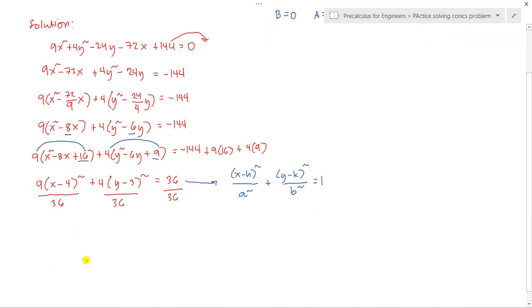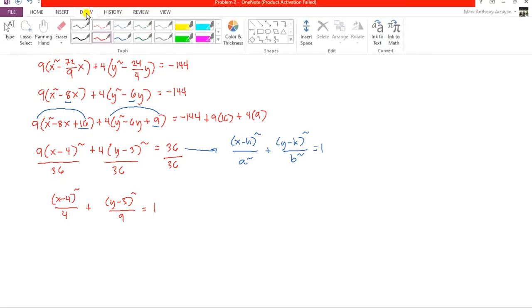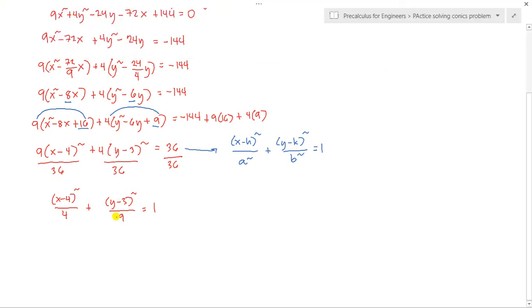So what happens? 9 divided by 36, that is 1/4. So we have here x minus 4 squared divided by 4, plus 4 divided by 36 is 9. So we have y minus 3 squared all over 9 is equal to 1. Since the bigger denominator lies on the y term, this is an ellipse that is oriented vertically.